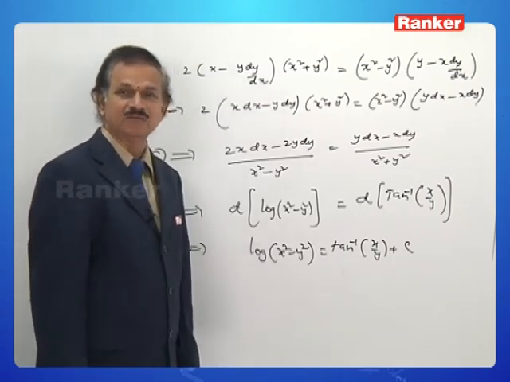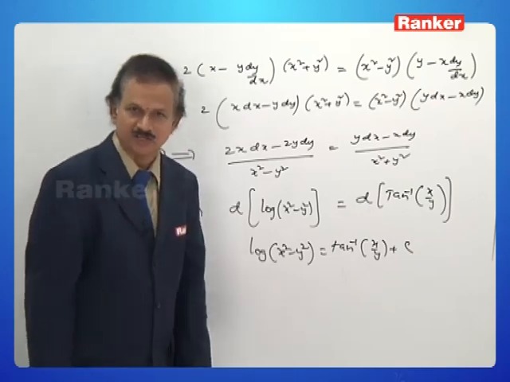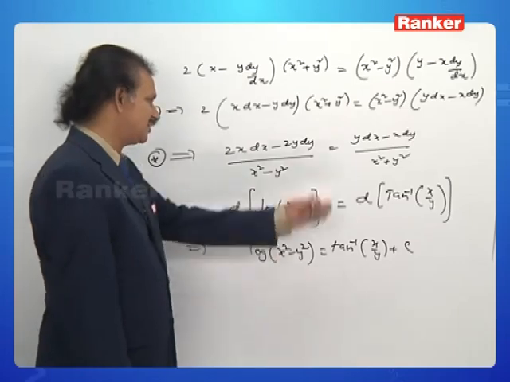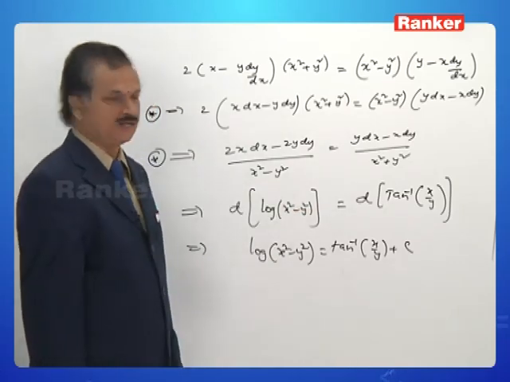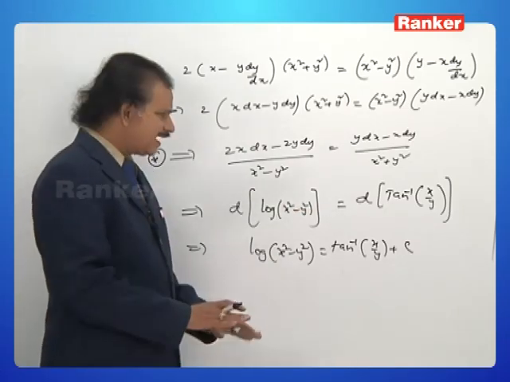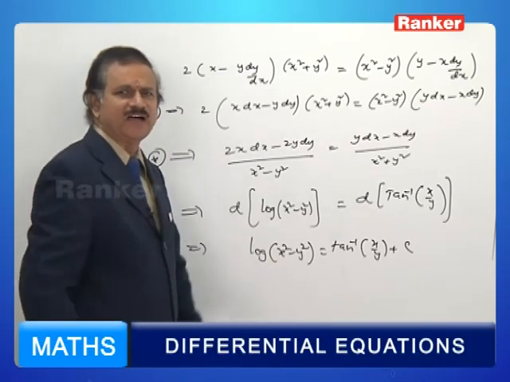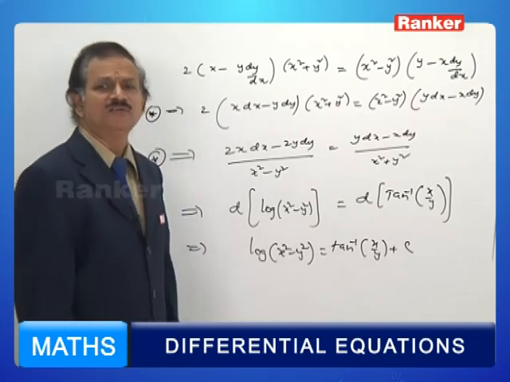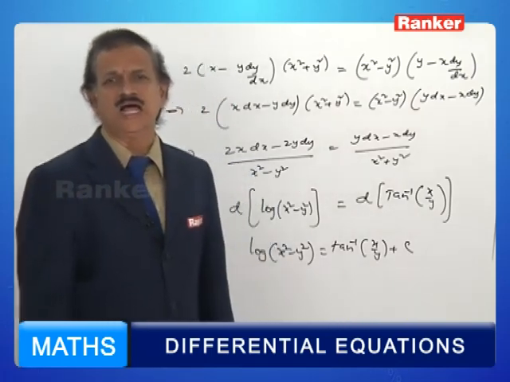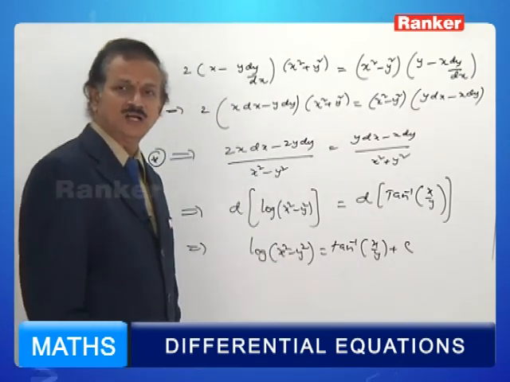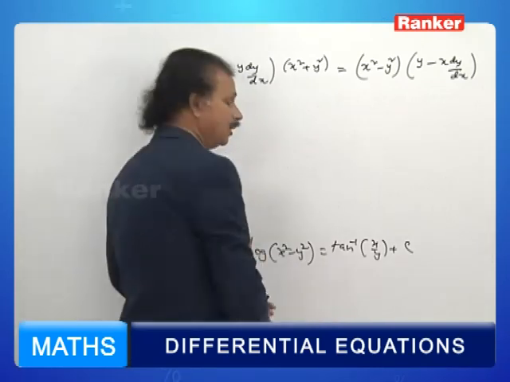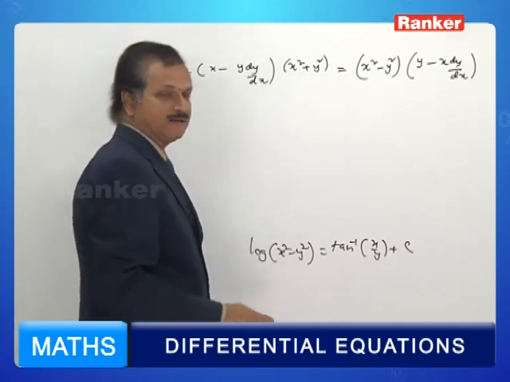To recollect them is very, very important here. As you look at this, this is d of log of x square minus y square, and that is d of tan inverse x by y. The actual work is simplified. Immediately in the next step itself, we will be able to get the answer. Of course, c is still to be found. That is the general solution we could have obtained.